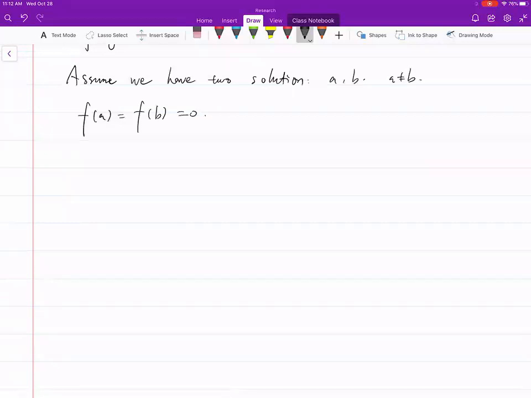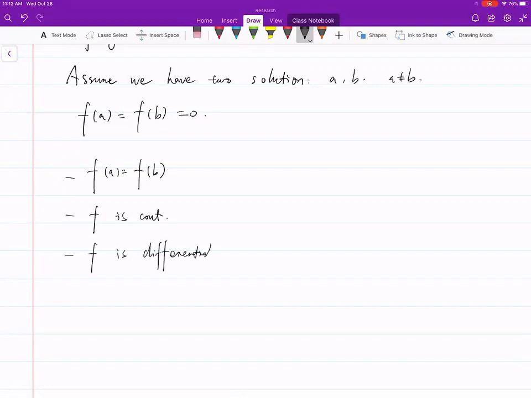Now what's going to happen? Well, number 1, f(a) equals f(b). Number 2, f is continuous because it's a polynomial. Number 3, f is differentiable because, again, it's a polynomial. So what happened?